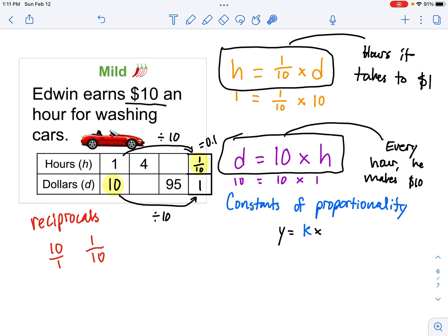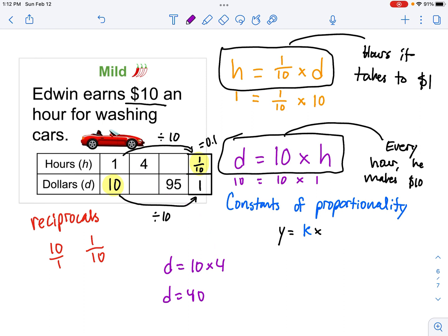Because I know the hours, I'm going to use the equation that multiplies 10 by the hours to get the dollars, which is what we need to know. So I'm going to do dollars equals 10 times, plugging in the number of hours for h. So I know d equals 40.